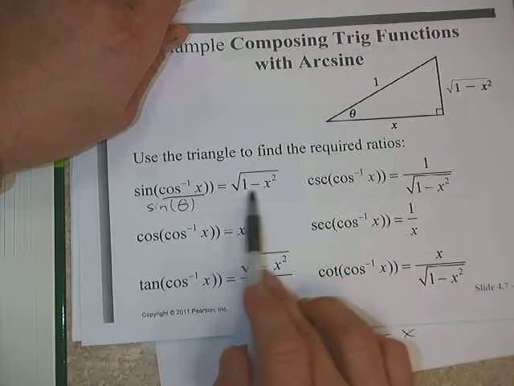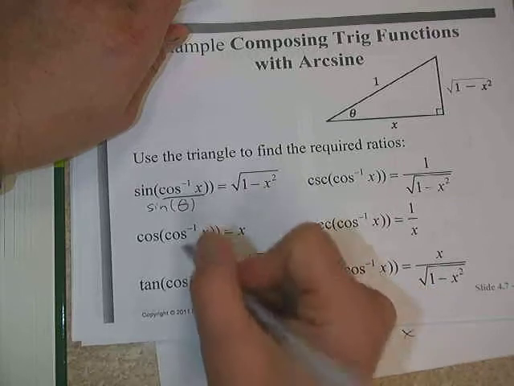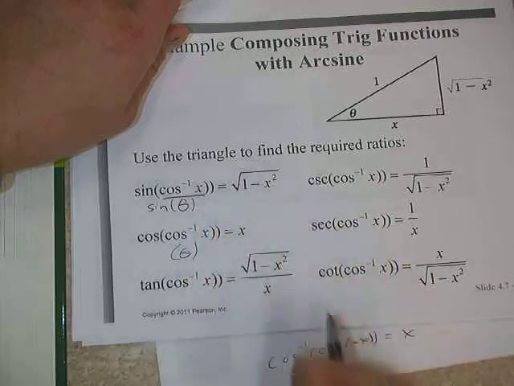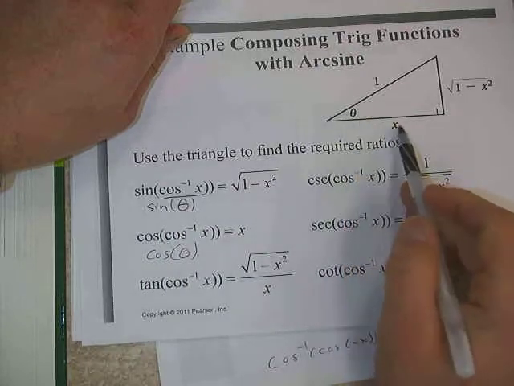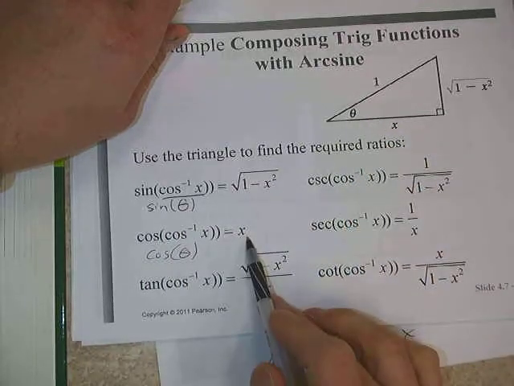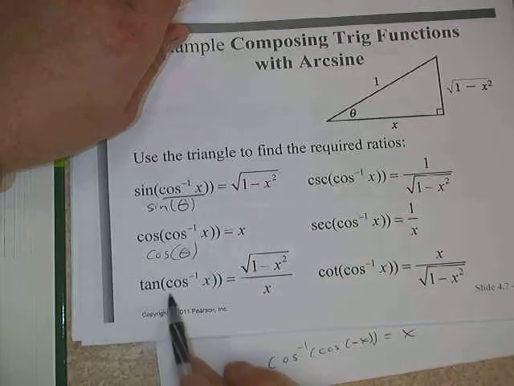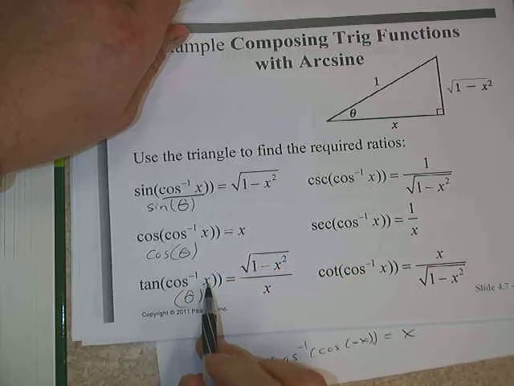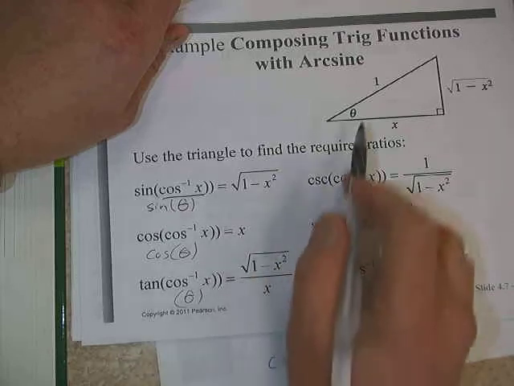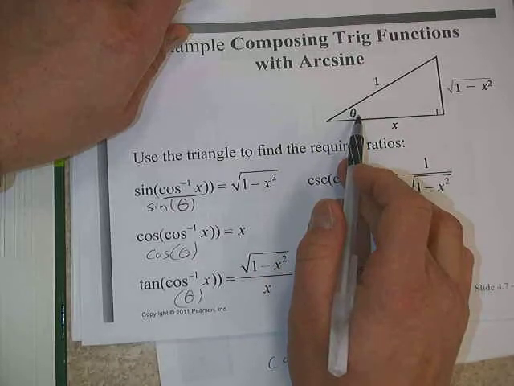Because remember, the cosine inverse of a value is an angle. Fair enough? And so when I'm doing the sine of some angle, it equals what? In this case, the angle in question is this one. And why is this the answer? Because what's sine? Opposite over hypotenuse, isn't it? And hence we get that as our answer.